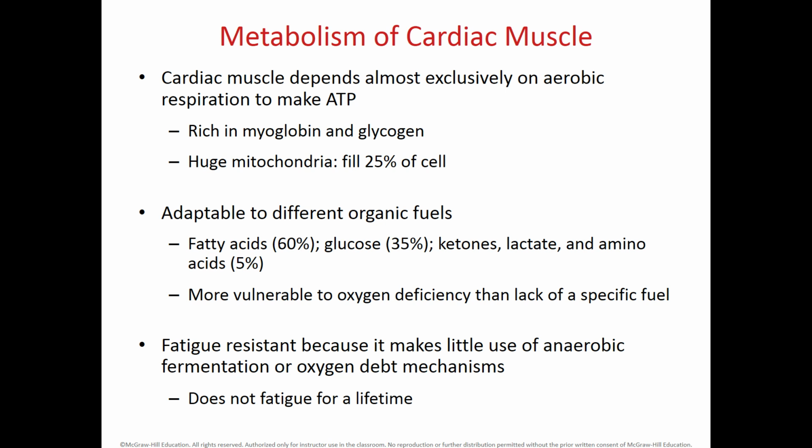The heart cells have so many mitochondria that they fill 25% of the cytoplasm. And when the heart runs out of glycogen, it is not so picky. It can use other fuels to generate ATP like fatty acids, glucose, ketones, lactate, and amino acids.